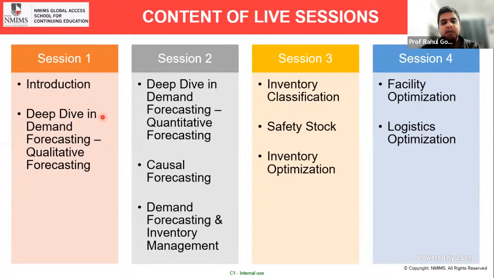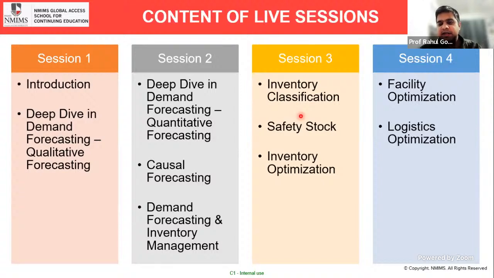In session 1, we spoke about demand forecasting and qualitative forecasting. In session 2, we spoke about quantitative ways of generating a forecast, causal forecasting as well, and the various challenges in getting the right forecast given the historical data or the context that we have. And in session 3, we started the discussion on inventory management, inventory classification.